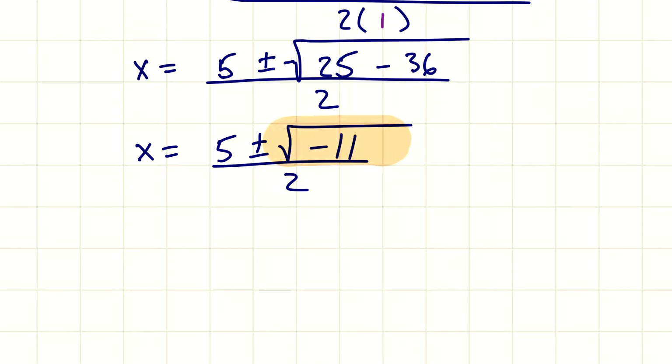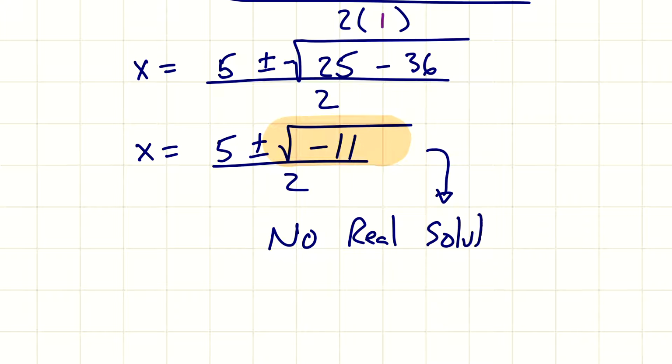So what this tells us is we're going to have no real solutions. But we did solve it. We have two answers, but we have no real solutions. That will make more sense next week when we go over how to deal with those types of answers.